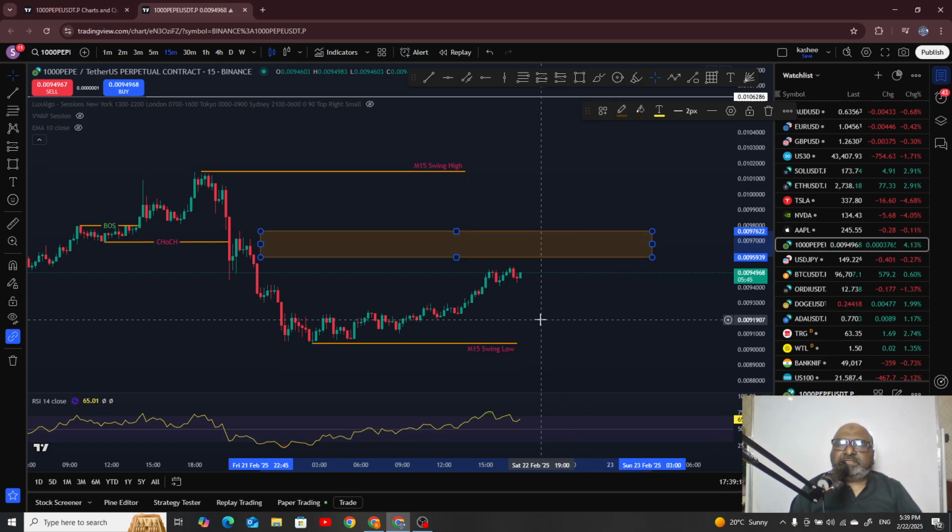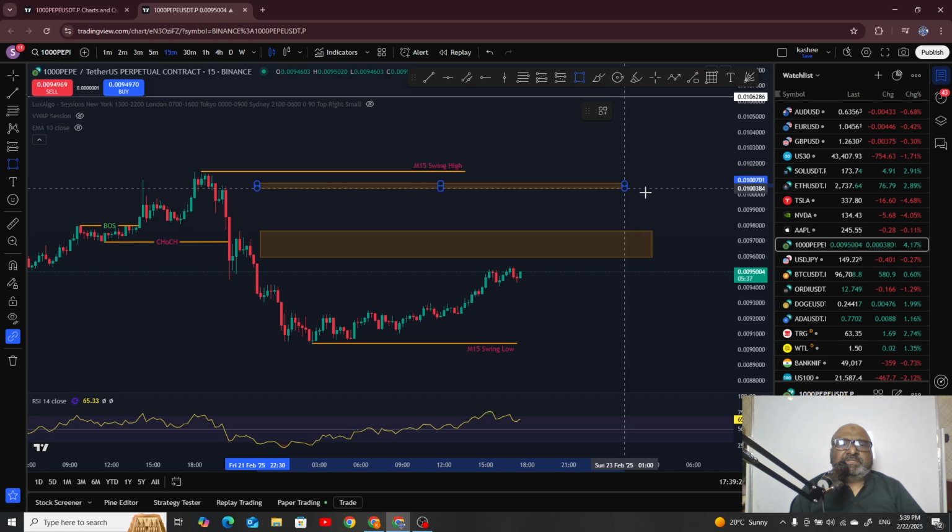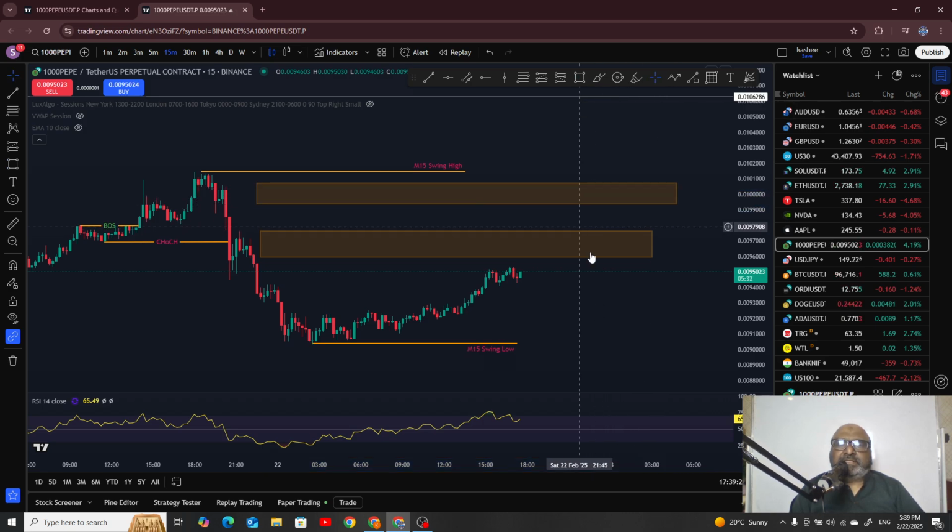I think this is the point from where the market can retrace. And this is another point. So these are two strong regions from where the market can retrace.